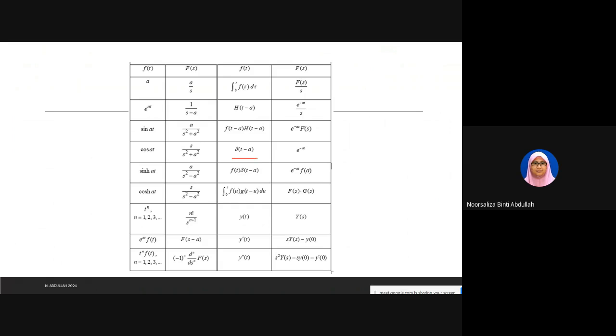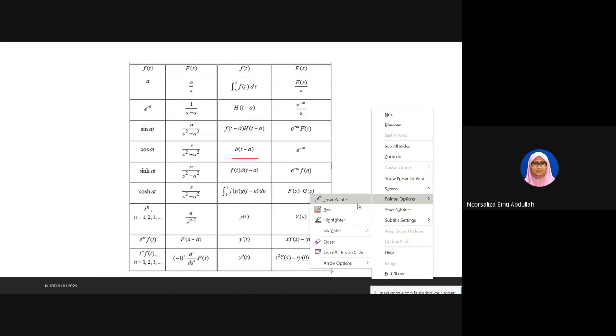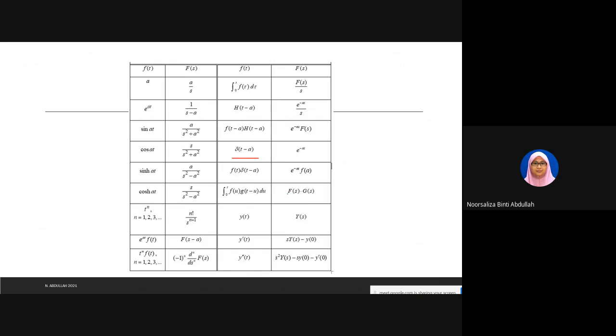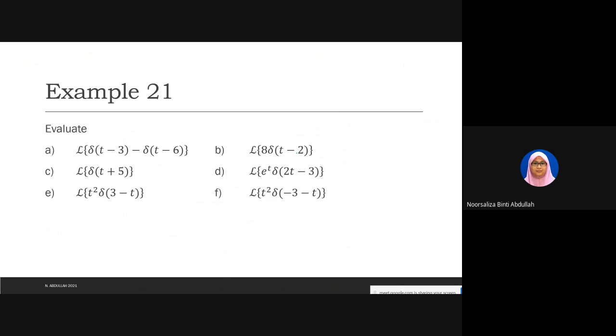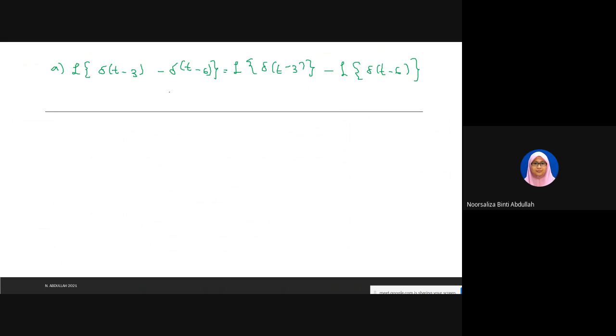Delta T minus A. You get exponent minus AS. Okay, Laplace for delta is exponent minus AS. Okay, so this one equals to exponent minus 3S minus exponent minus 6S.